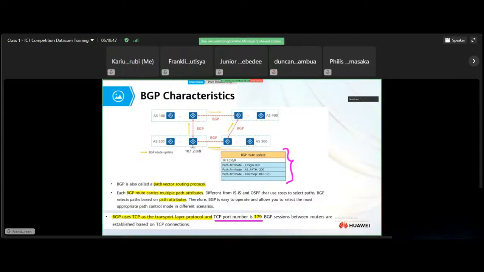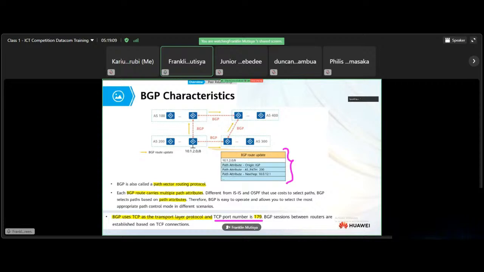Each BGP route carries multiple path attributes. As you send a BGP packet from one router to another, the packet carries additional information that can be modified by other routers in the path to the destination.